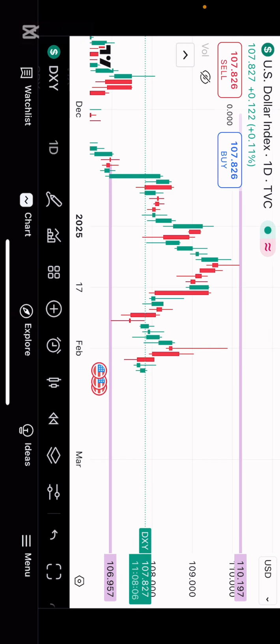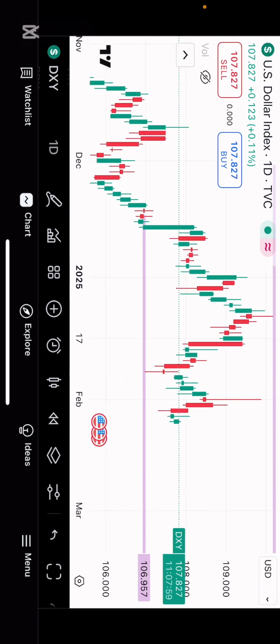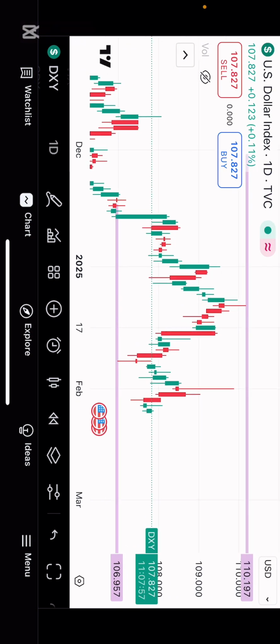Is the market closer to the resistance or closer to the support? Here we see the market is closer to the resistance actually. No, the market is closer to the support than it is to the resistance. Sorry, my bad. So this is the support.